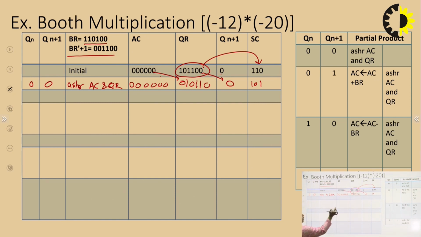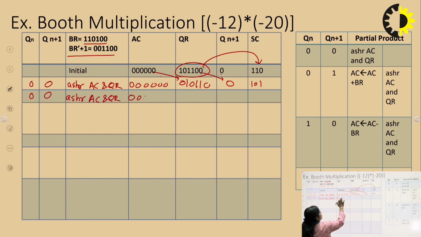The next value again, consider there is a 0 and 0, Qn and Qn plus 1. When the Qn and Qn plus 1 are 0, 0, again the same ASHR, arithmetic shift right, on both AC and QR registers, you have to apply the shift operation.